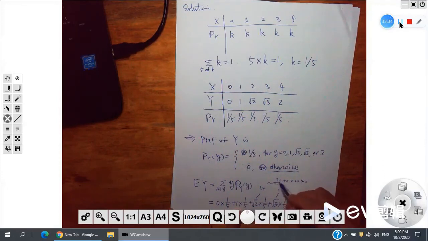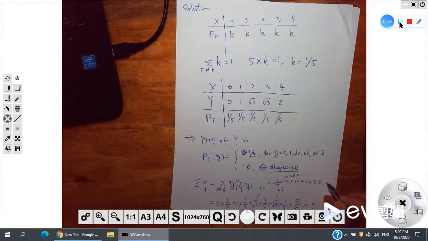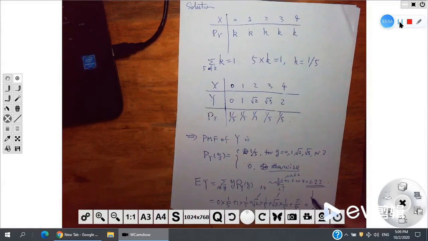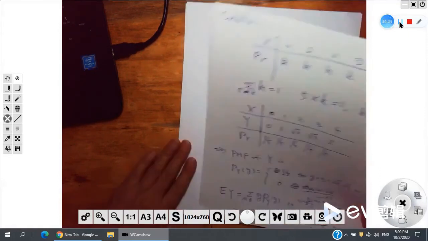This is divided by 5, right? 3.1 divided by 5 will be 0.62 something, and plus another 0.6, so it's 1.22 something. Yeah, it's like this. Okay, so this value is fine. Yeah, 1.22.